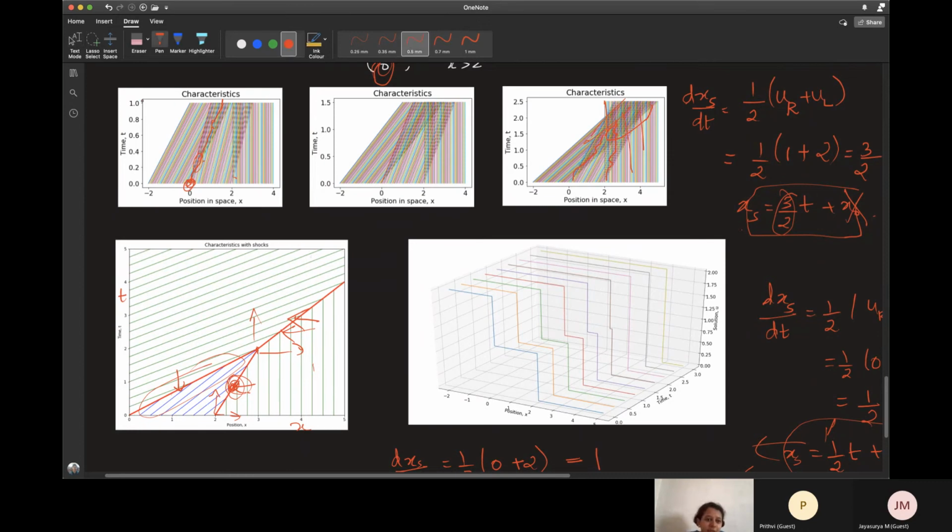It's just that you have different times in this plot. This first plot is till time t equals 1, so you have characteristics, and this plot is till time t equals 1.5. You see, from time t equals 0 itself, from this point itself, you have some characteristics intersecting.